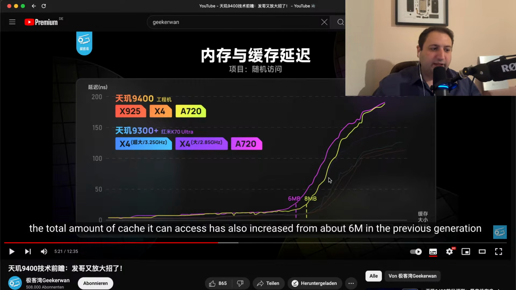But in this case, they don't have access to the SLC. So do we give it one X4 core, or do we maybe give it one X95 core, or maybe like two X4 cores to help with a specific task? Or do we just utilize all cores but just really reduce the frequency on those P cores to keep power consumption in check?